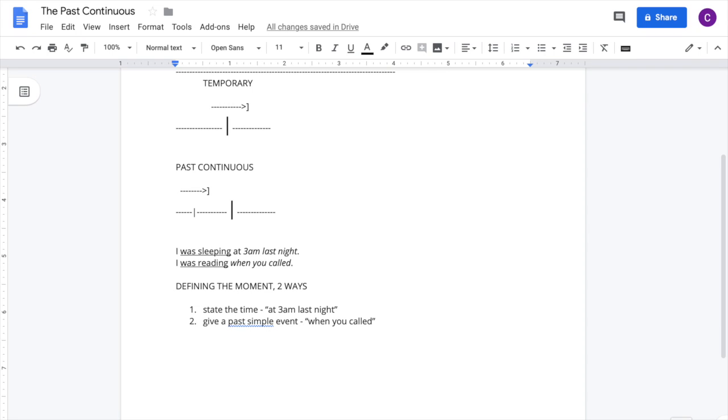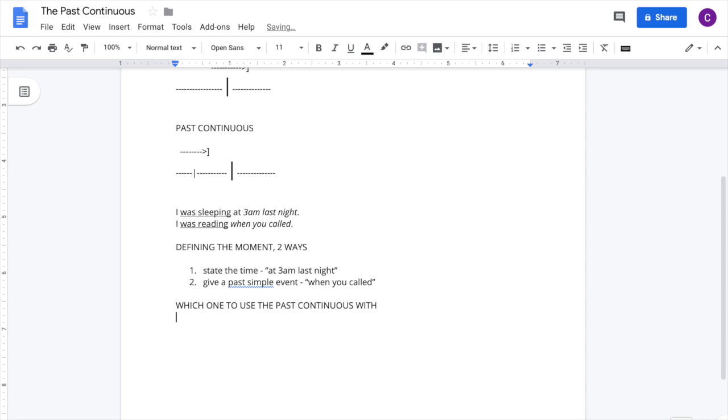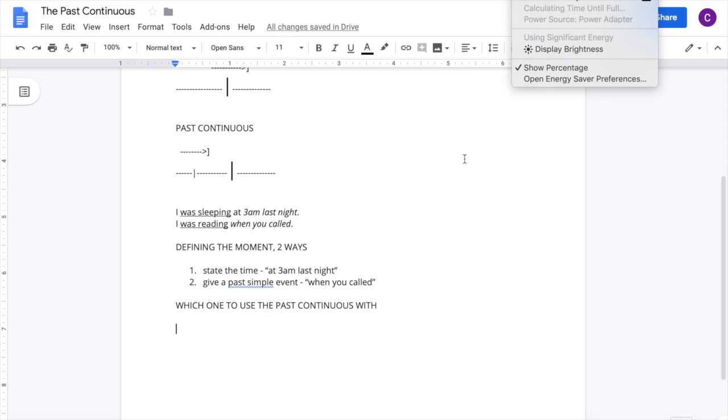and that is when we have two verbs in the past, like we did here. Let's use the same example. Two events in the past, or two verbs in the past.